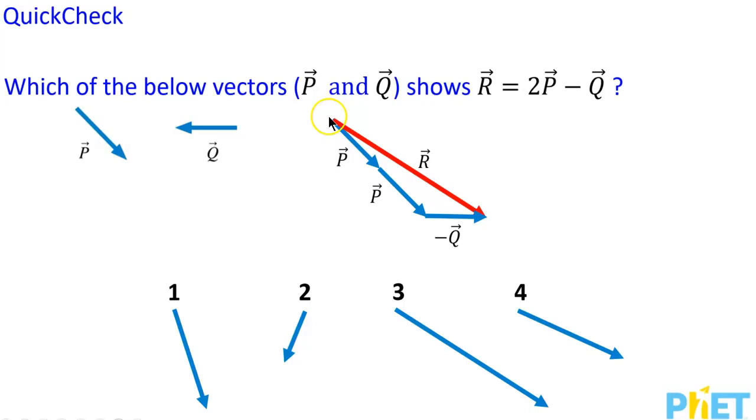The overall resultant vector goes from start to finish. Okay, again, if we took the negative Q vector and added that vector to the 2 P vectors, you would get the same resultant vector, as long as you're adding a negative Q to 2 P's. So the correct answer is 3. Okay.